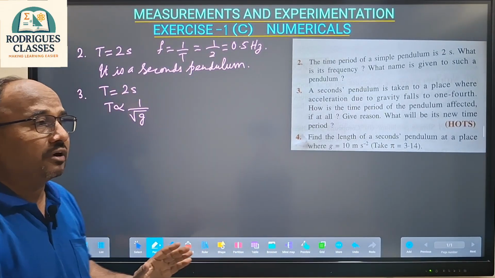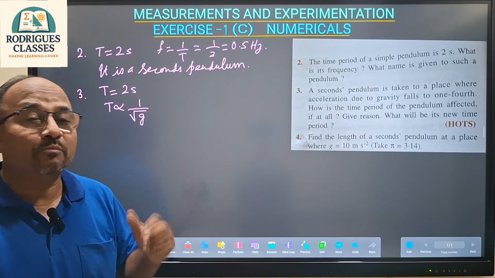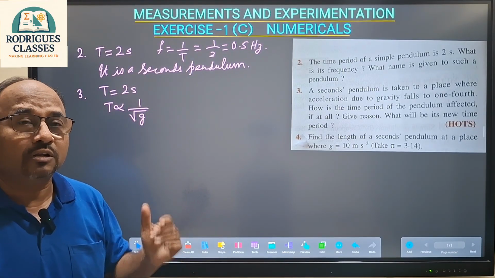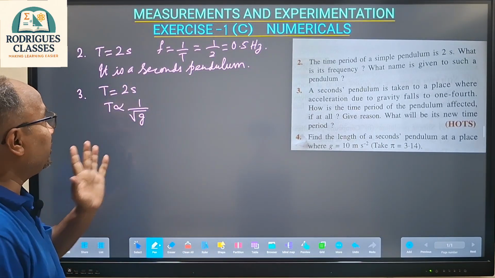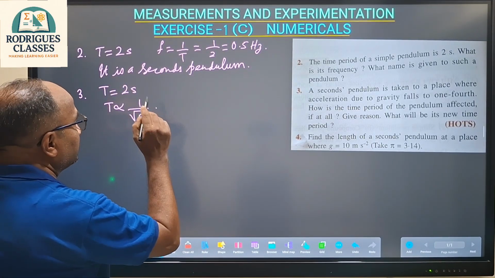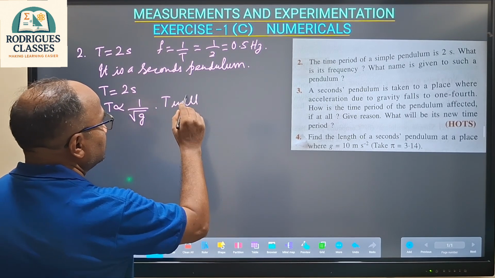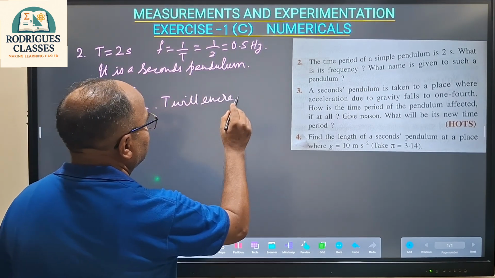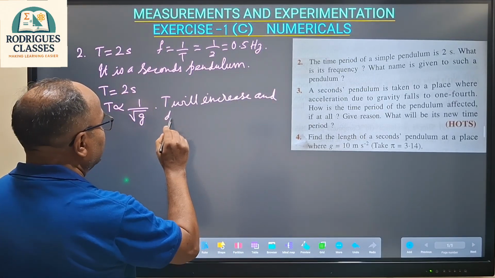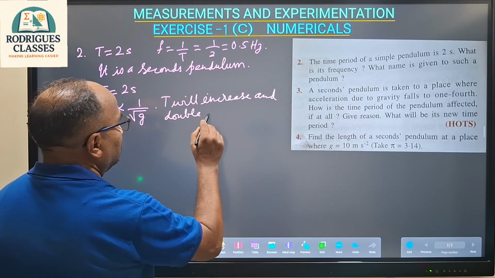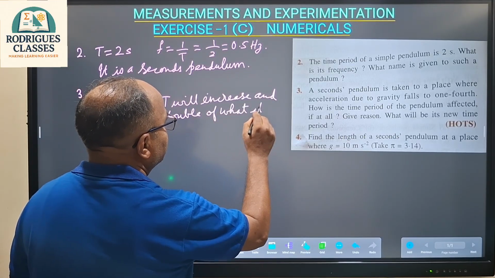So g becoming 1/4 means the square root will be 1 by 2, and because it is inversely proportional, it will become twice. Okay, so we can write here that time period will increase and become double of what it is.